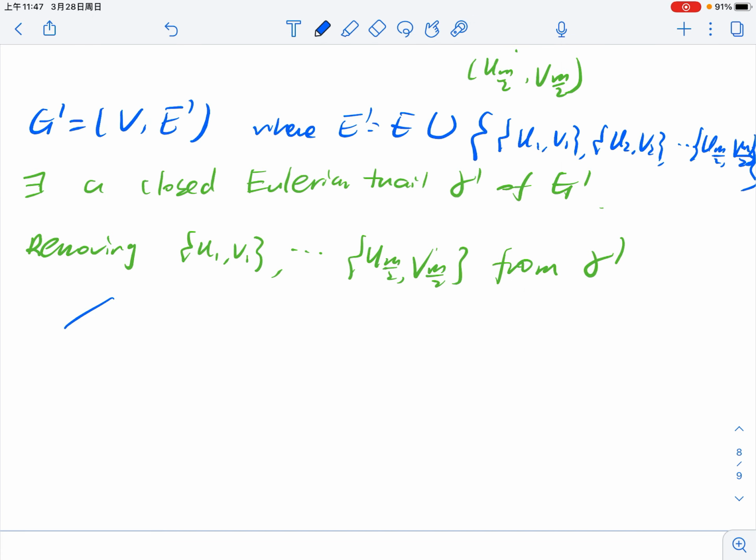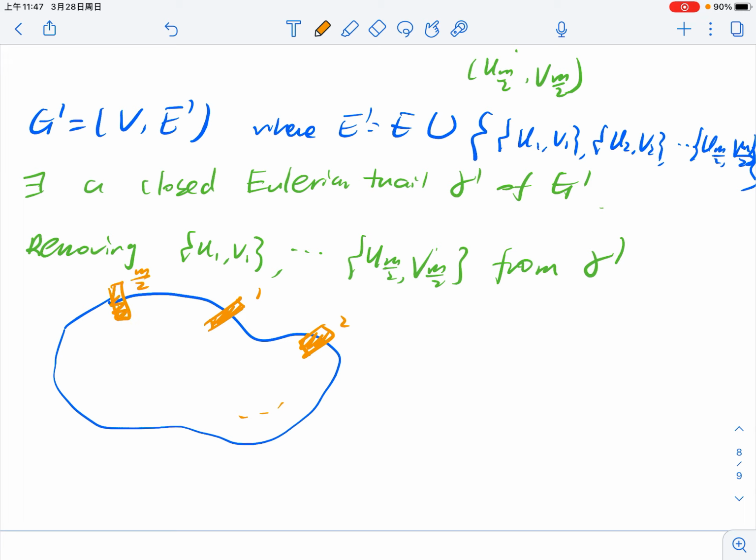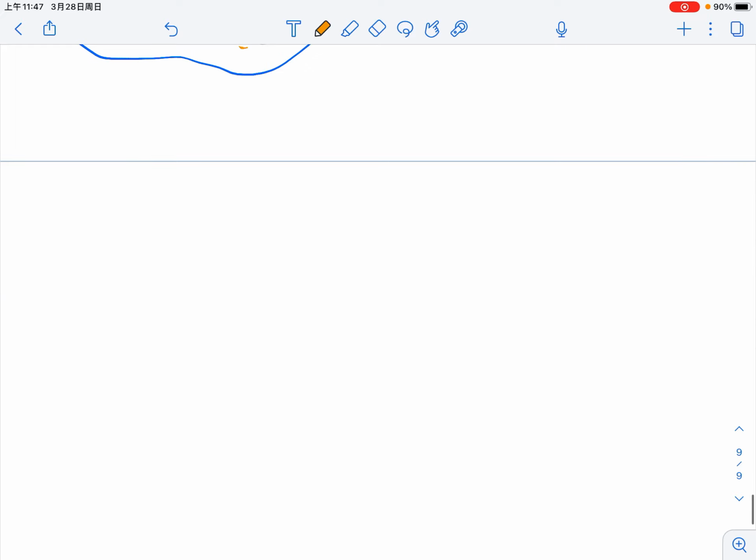So for example here, no matter how you cut, m over 2 times, then the remaining you will have m over 2 connected pieces, each of which is an open trail. So we are done.